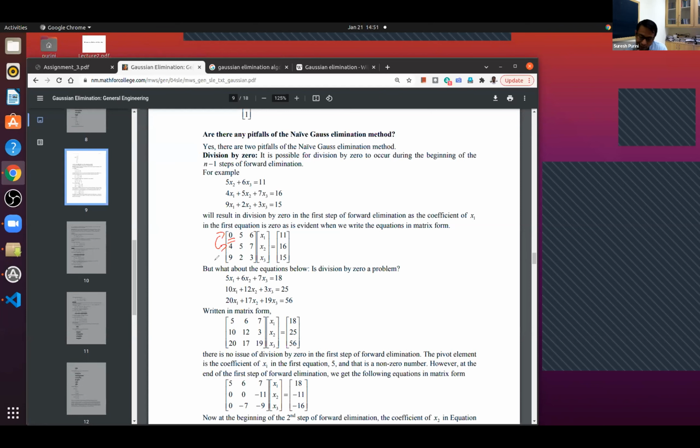For example, while processing this particular submatrix, you got a 0 here. So you go down, try to find a row with a non-zero element, and swap these 2 rows. Does this make sense?